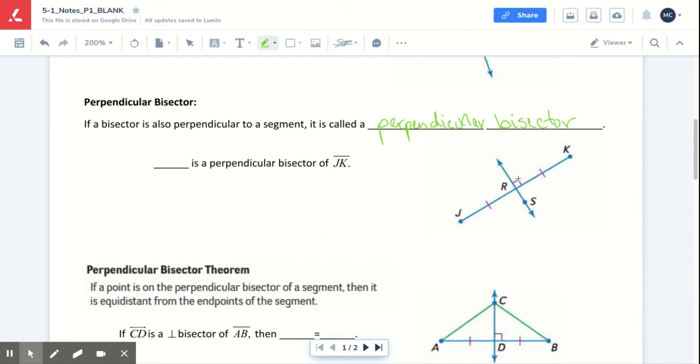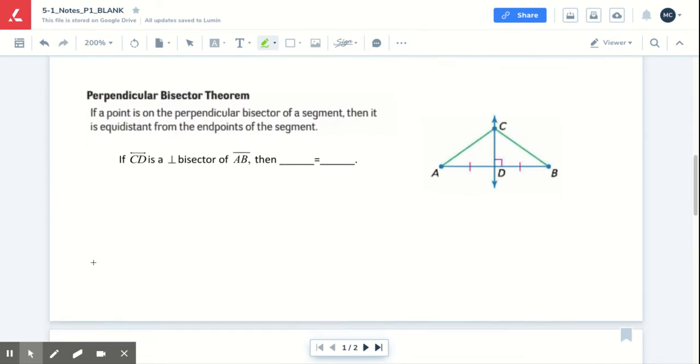And it is perpendicular, I can tell, because they give me the little square that lets me know that this is a 90-degree angle. So I could say that line RS is a perpendicular bisector of line segment JK.